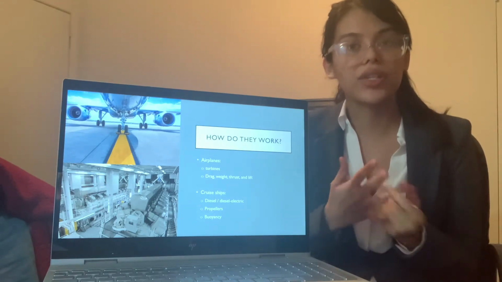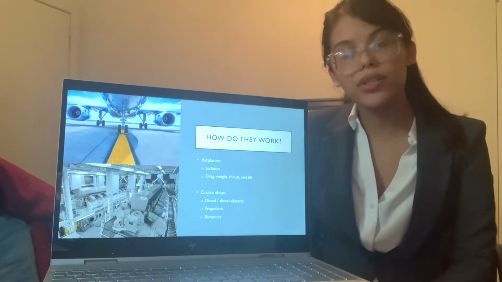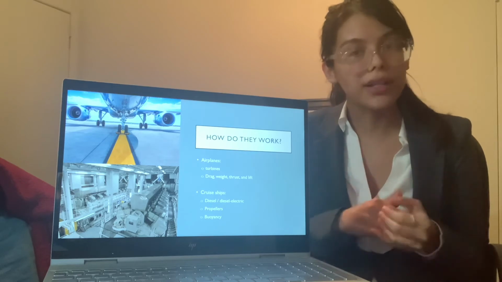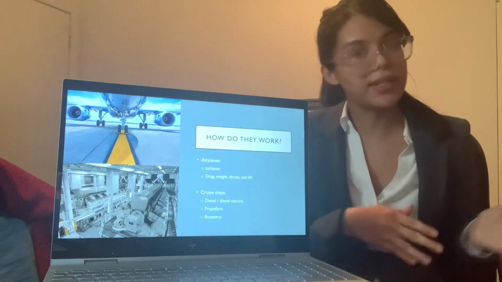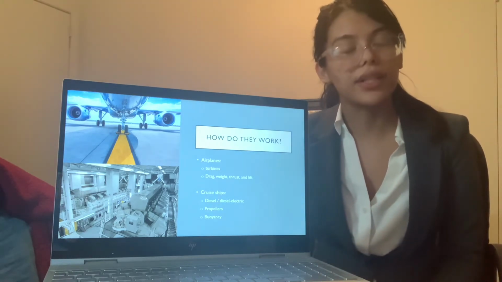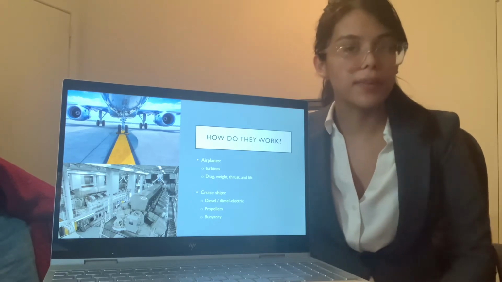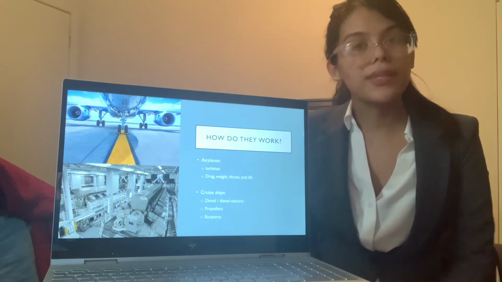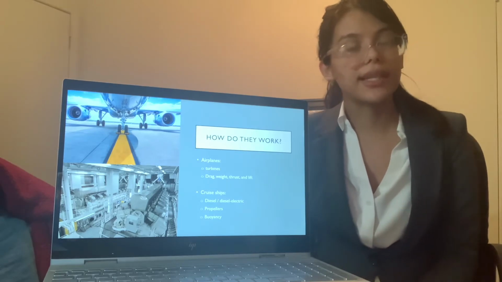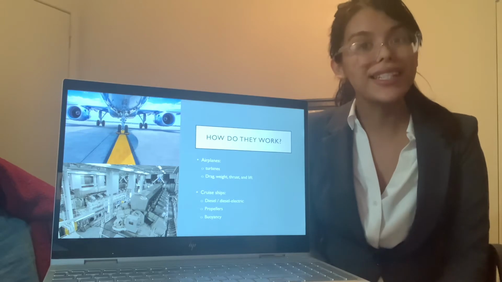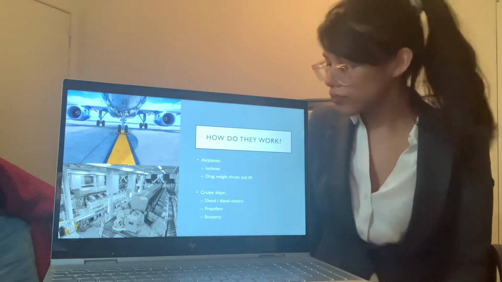A diesel electric engine actually uses generators that then spin the propeller. A gas turbine works in a similar way to diesel electric engines, but they are better for the environment. The force that comes into play with cruise ships is buoyancy, which means that the density of the object floating in the water is less than the density of the water.